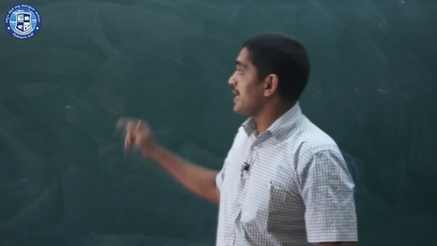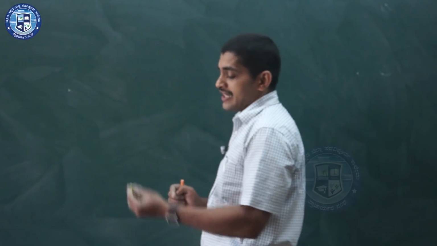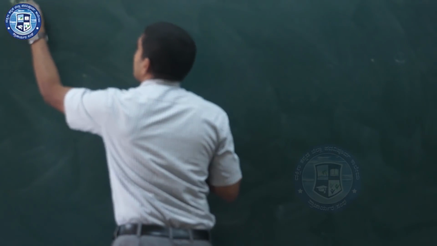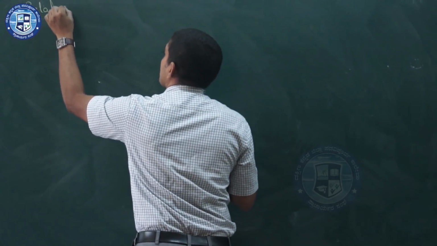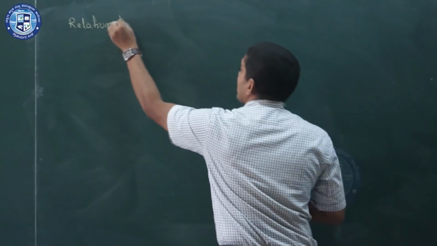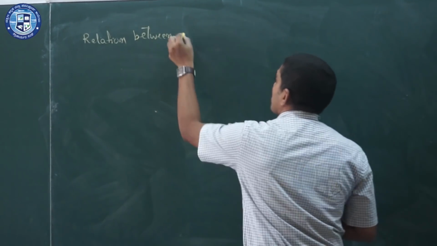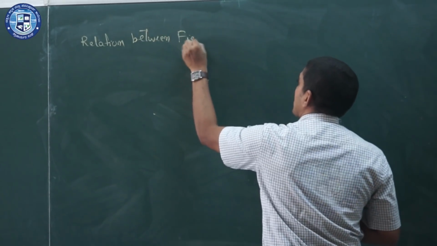After understanding what an equipotential surface is, let us try to relate electric field and potential. So, what is the relation between field and potential?